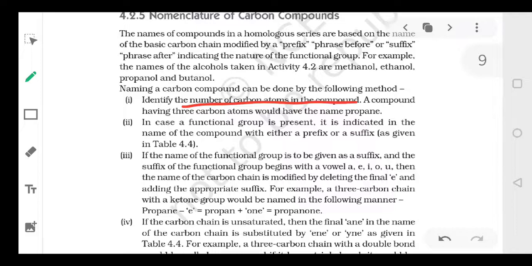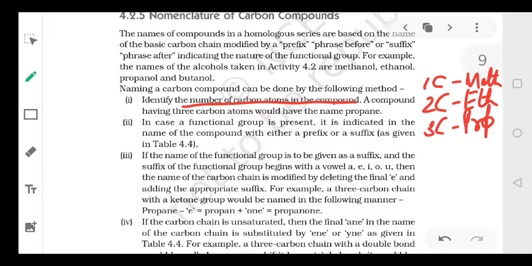Like for 1 carbon, we remember, we have a word meth. For second carbon, we have a word eth. For third carbon, we have a word prop. So likewise, up to 10 carbon atoms, we must remember.